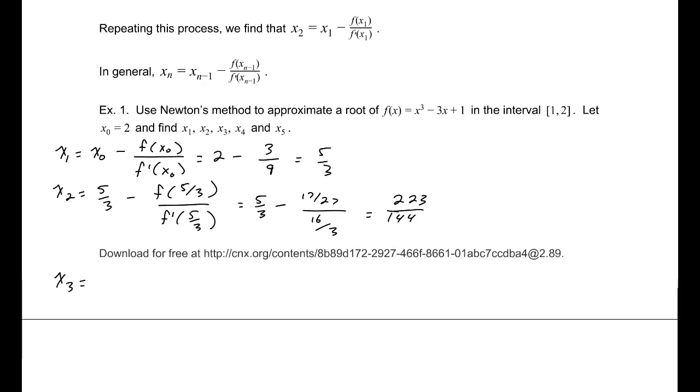x3 is 223/144 minus f of 223/144 divided by f prime of 223/144.